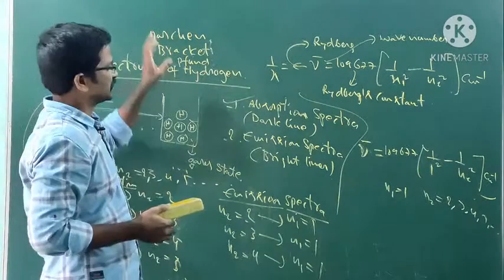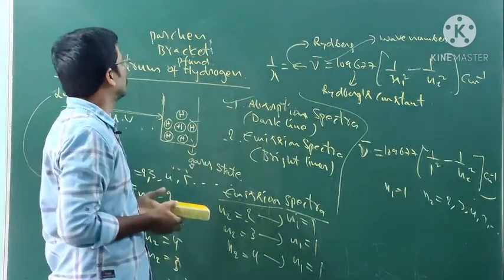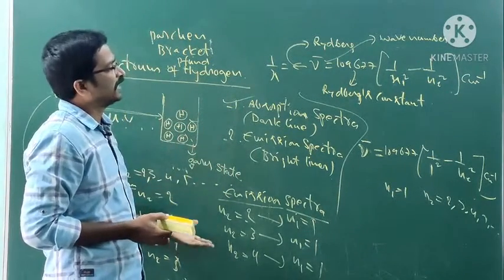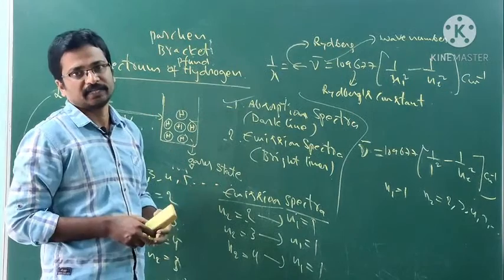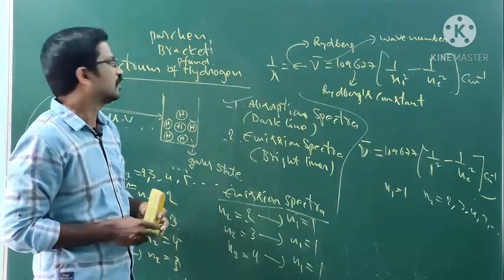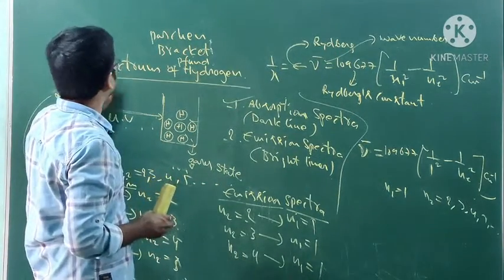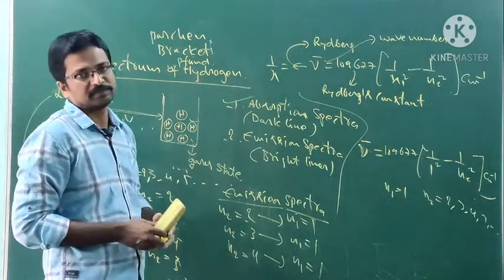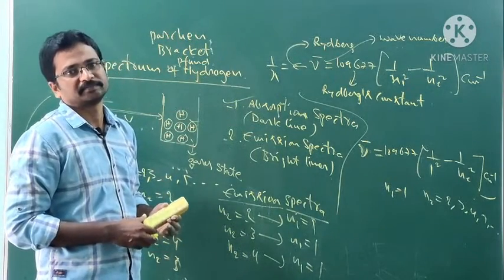These are the scientists. These five scientists can explain the electromagnetic spectra, the line spectrum of the hydrogen atom.